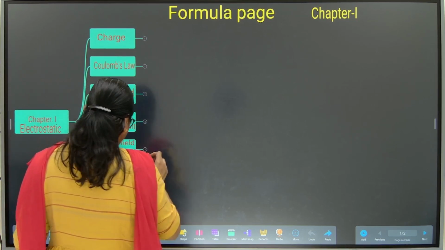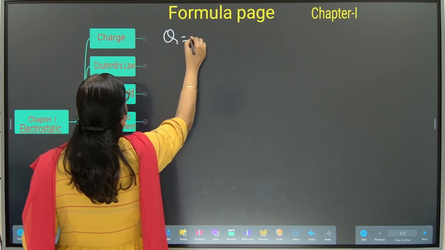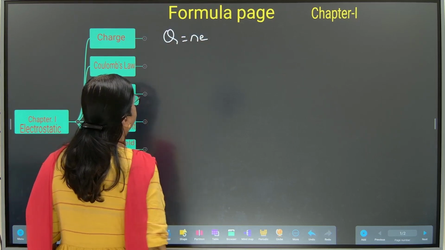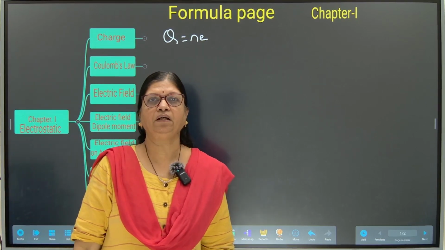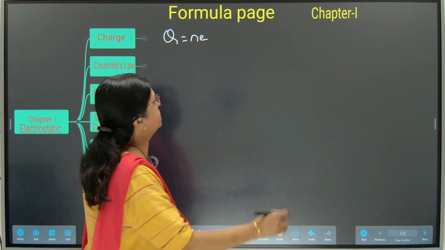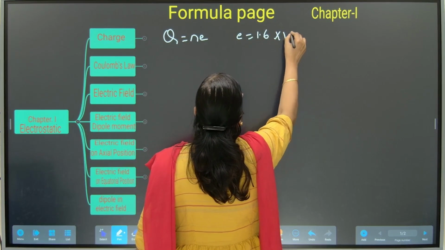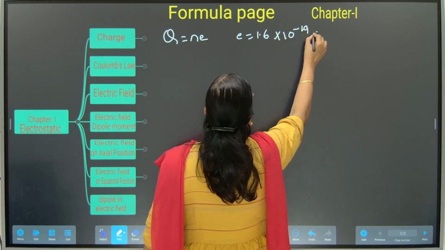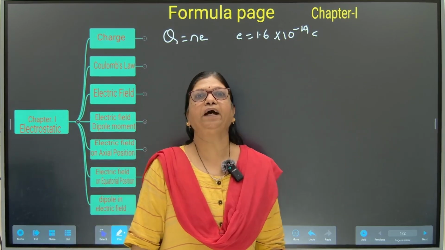After that we made a formula Q is equal to NE, where Q is the charge and N is a number and E is the charge on the electron, which is equal to 1.6 into 10 raised to minus 19 coulomb. This is the value which you have to learn by heart.